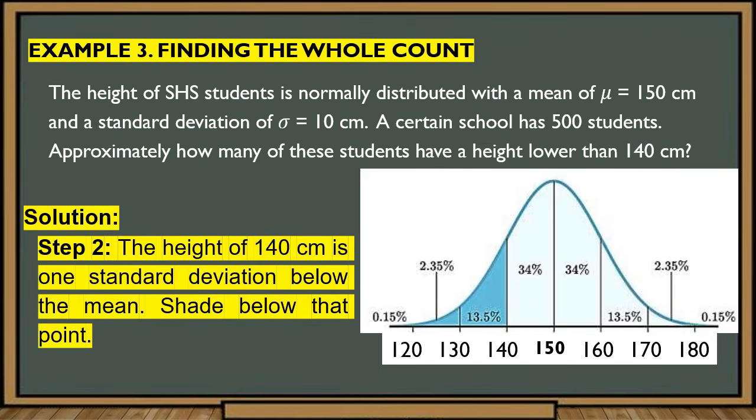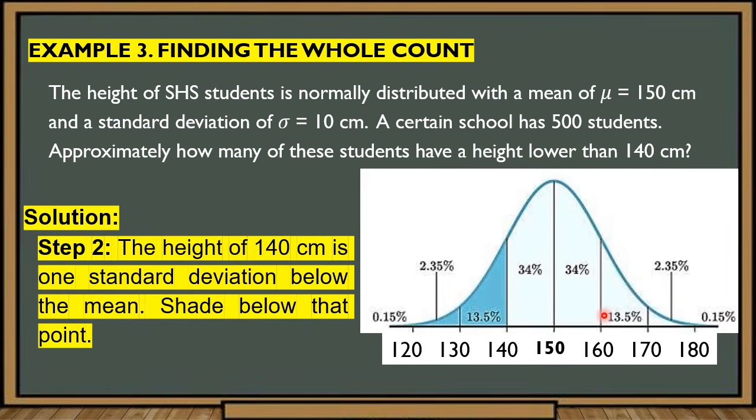So since the height 140 centimeters is below the mean, which is 1 standard deviation away from the mean, we're going to shade the region where we can find the heights lower than 140 centimeters. So, saan ba tayo interested? Saan ba makikita yung mga height na lower than 140 centimeters?